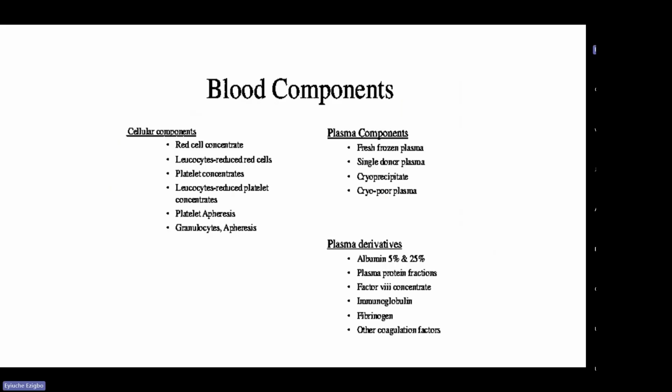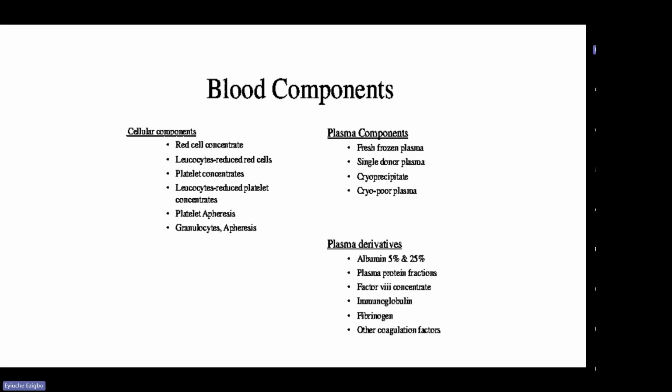So blood components, as we saw in that diagram, include the cellular components: the red cell concentrates, the white cells, platelets, leukocyte reduced platelets, platelet apheresis, and white cell apheresis. We have the plasma components: fresh frozen plasma, single donor plasma, cryoprecipitate, and cryo-poor plasma.